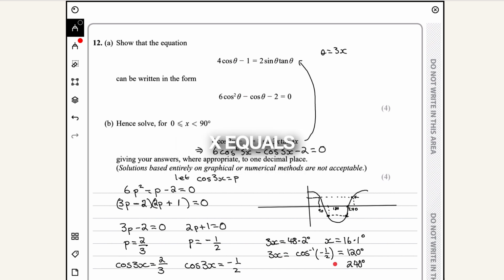So if 3x equals 120 and 240, then x will equal 40 degrees. So divide 120 by 3, and it can also equal 80 degrees. So we've got three solutions there, 16.1, just write it out here, 40 and 80 degrees. Let's tidy that up, and that's my solution here.